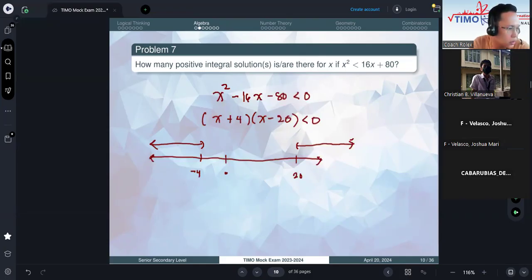But in the class marker, the answer is 19. So the answer should be 0 or no solution because they don't intersect.